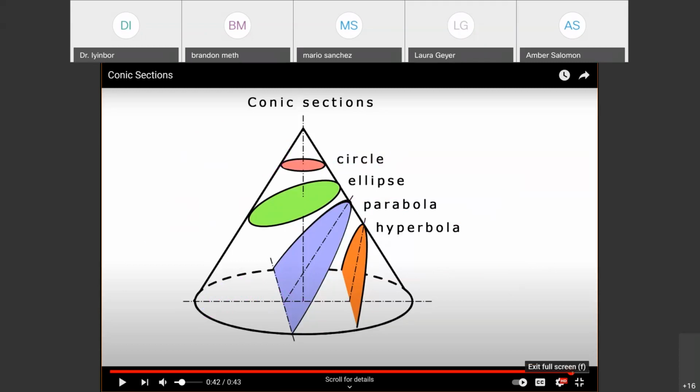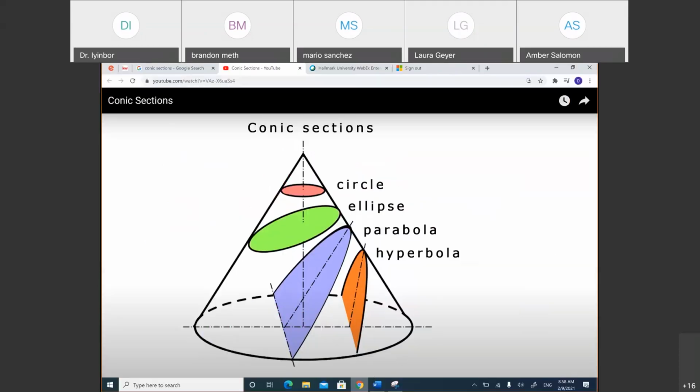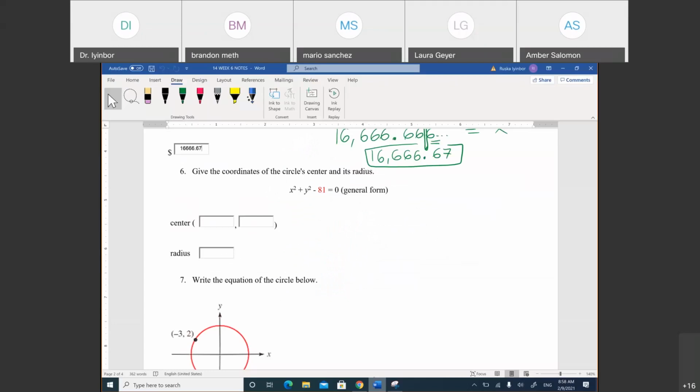Okay, so we're going to go back to my handout and we're going to go over circle. So the equation of circle with center 0, 0, so the center is 0, 0.